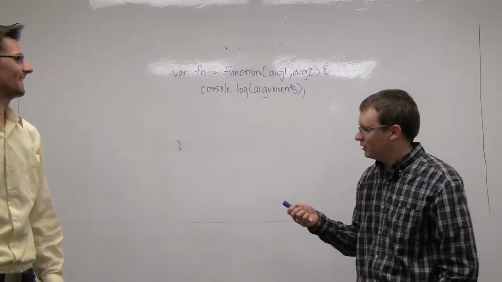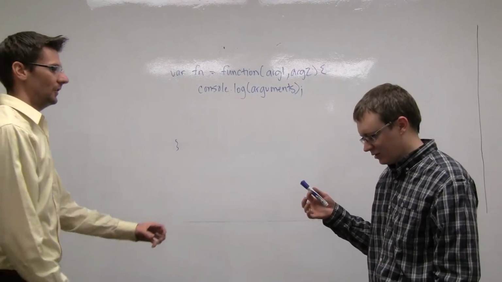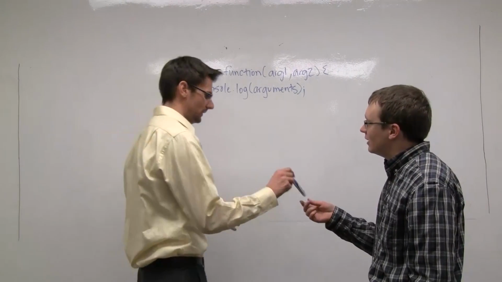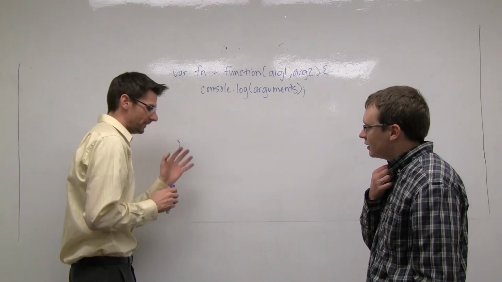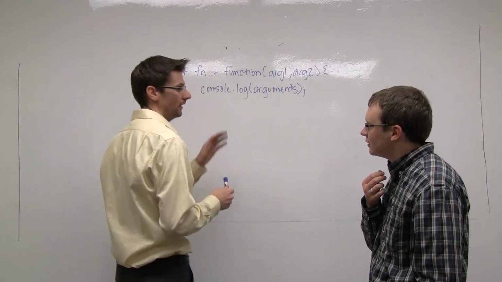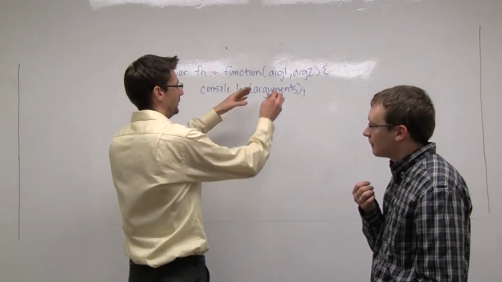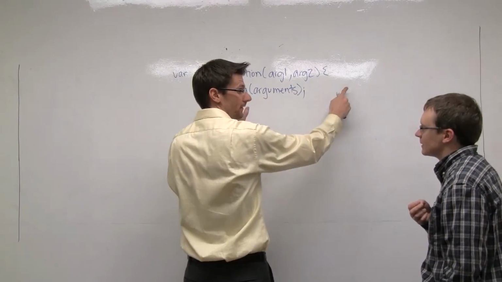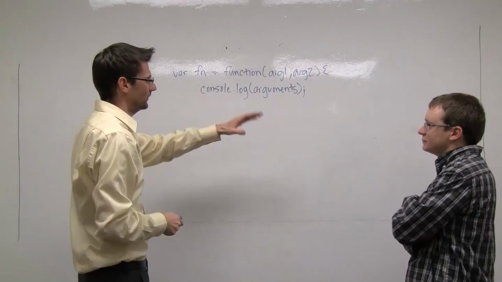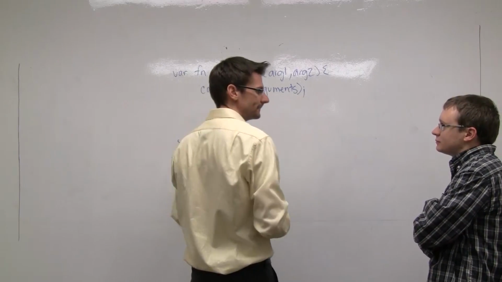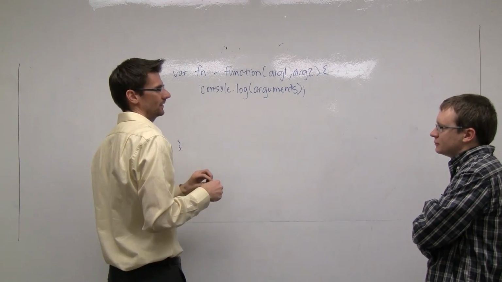I'm trying to think of anything that I would want to do on an array that I can't do on arguments. So, for example, let's say we wanted to manipulate the arguments. Let's say we didn't know how many were passed because we had a variable amount of arguments, and we want to start popping them off and assigning them to different things.